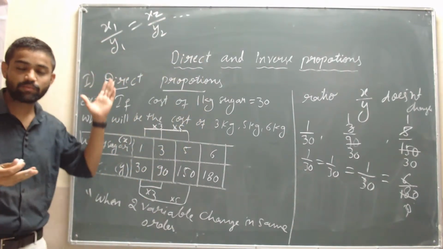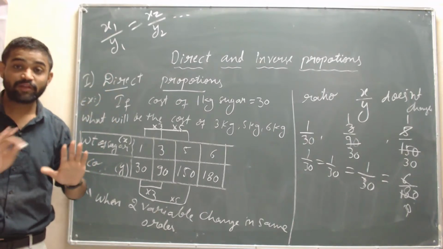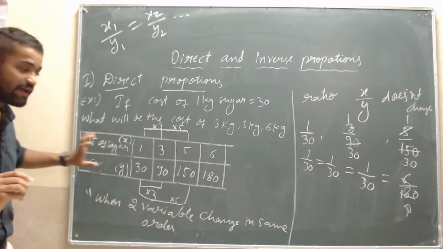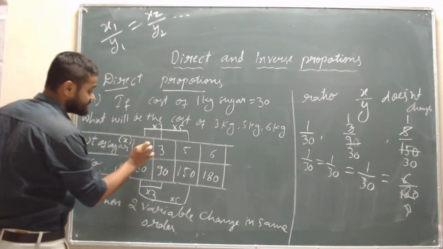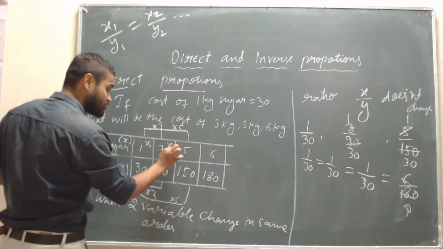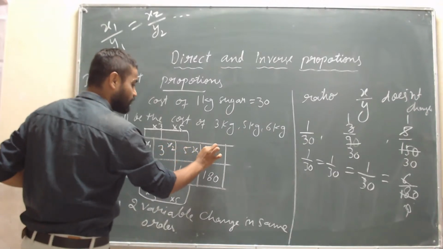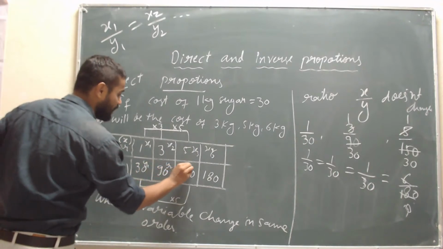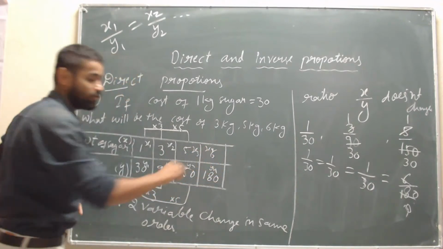What is this x1 by y1, x2 by y2? Don't be confused. See here, these are the x and y values. We can say this one is x1, x2, x3 and x4, and the table below is y1, y2, y3, and this is y4.